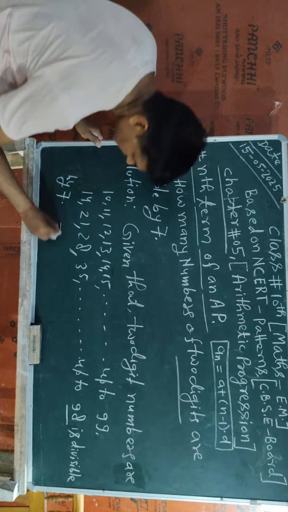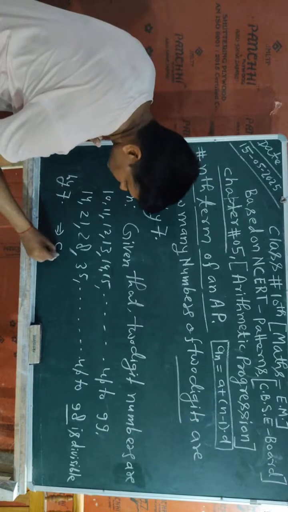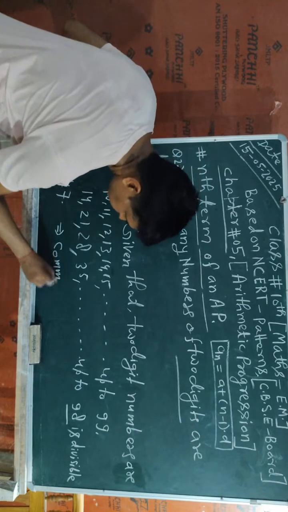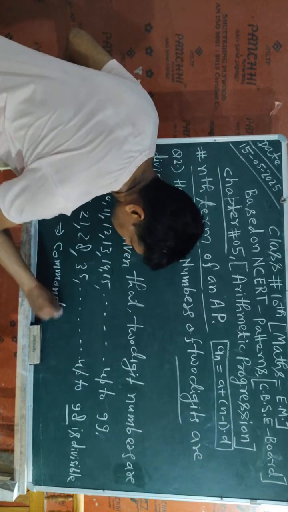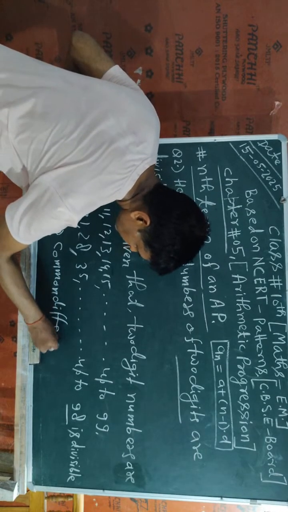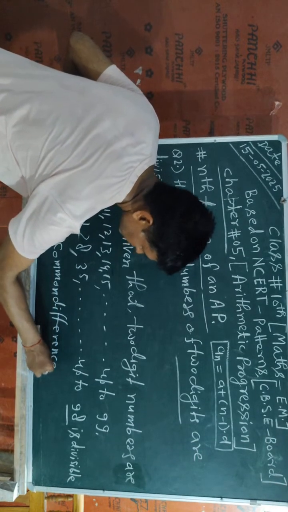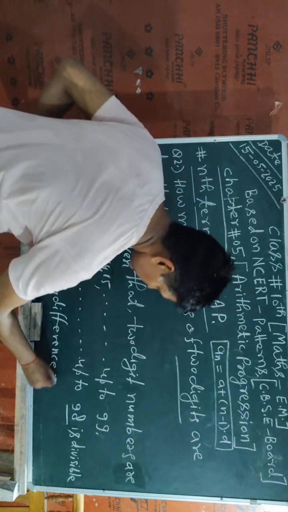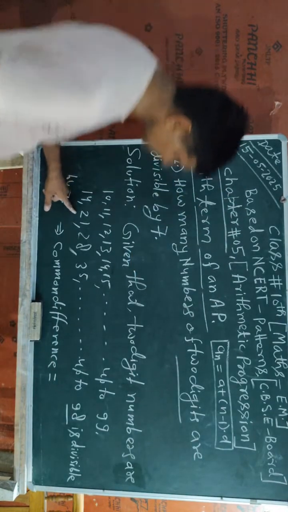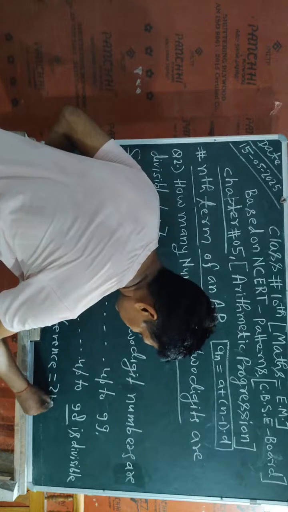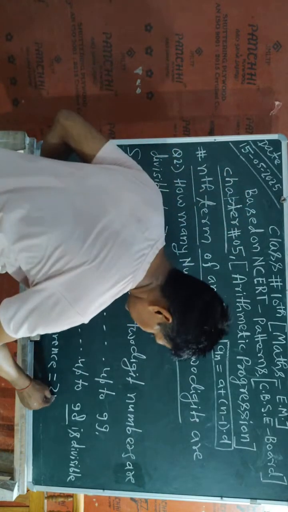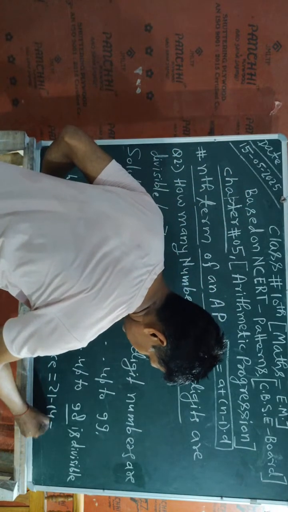Okay, students. So here I will find the common difference of the given information. So I will subtract 21 minus 14, that will be 7.